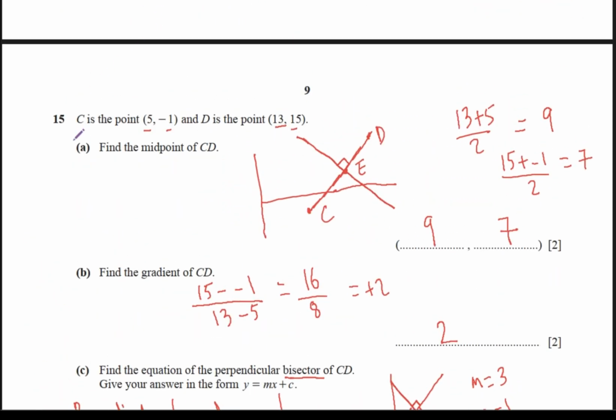So now we know something about gradients. We know about the equation of a line. We know about the y-intercept of a line. We know about parallel lines; these have the same gradient.